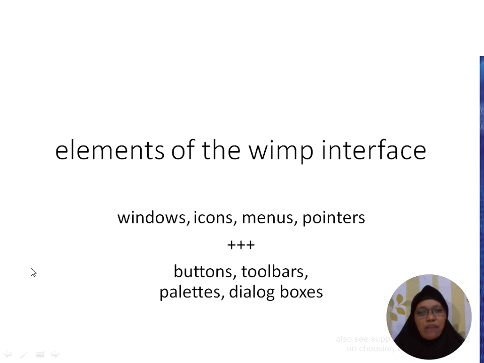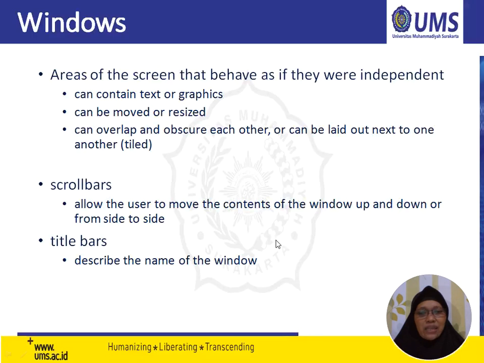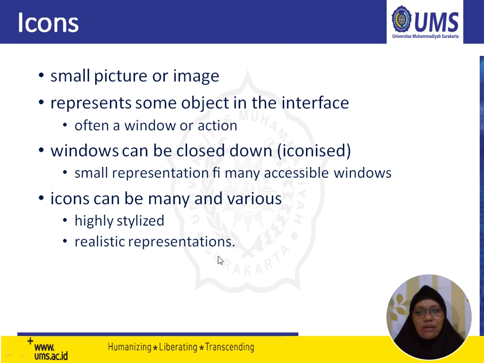And the element of WIMP interface, what I say this WIMP is like Windows, icons, menus, and pointer. So we need button, toolbar, palette, dialogues like this. The Windows we have on the area of the screen, scroll bar, title bar.